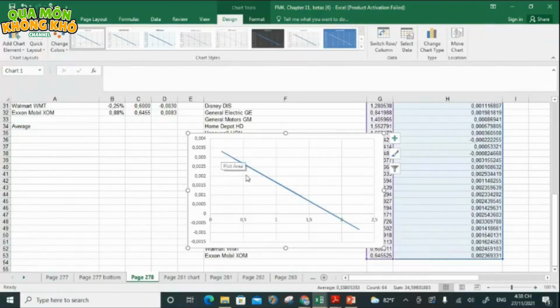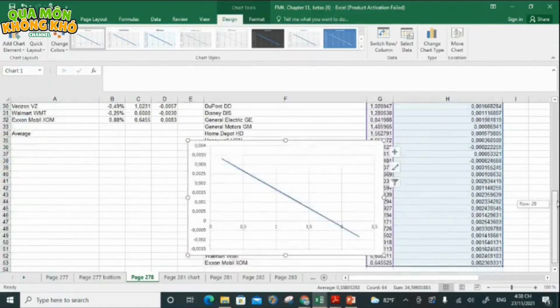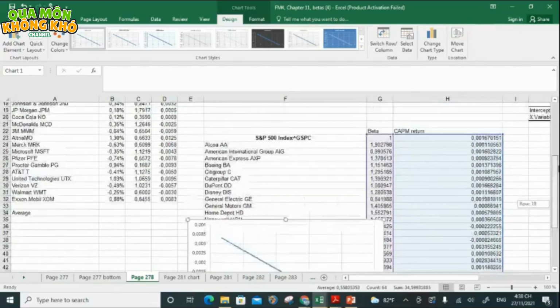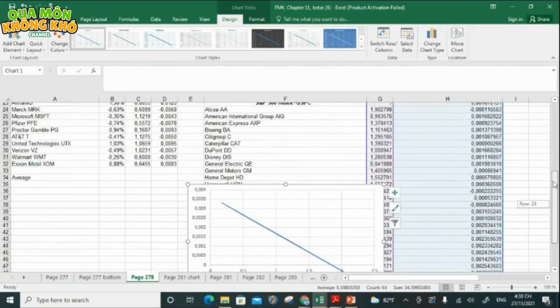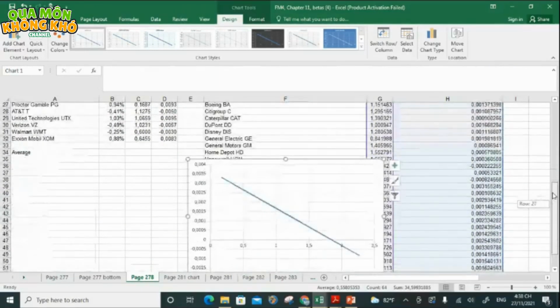Teacher, I don't know why, but it's downward sloping. Remember that in the theory, the security market line will slope upward. So in this case, we have a very bad second pass regression, which has a very low R-square.